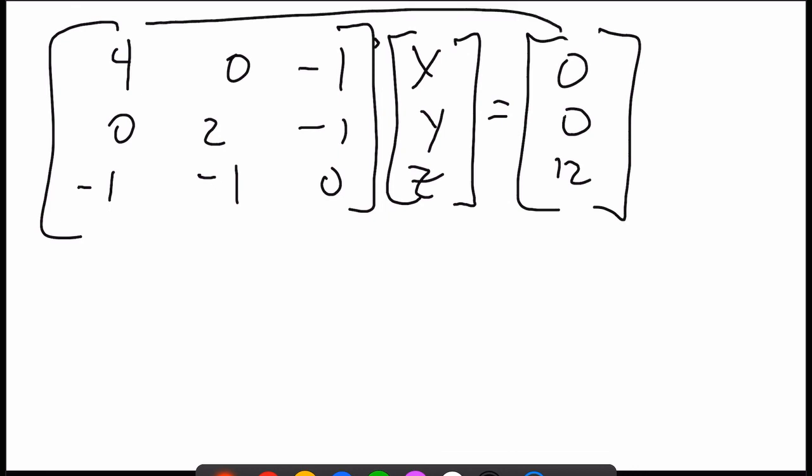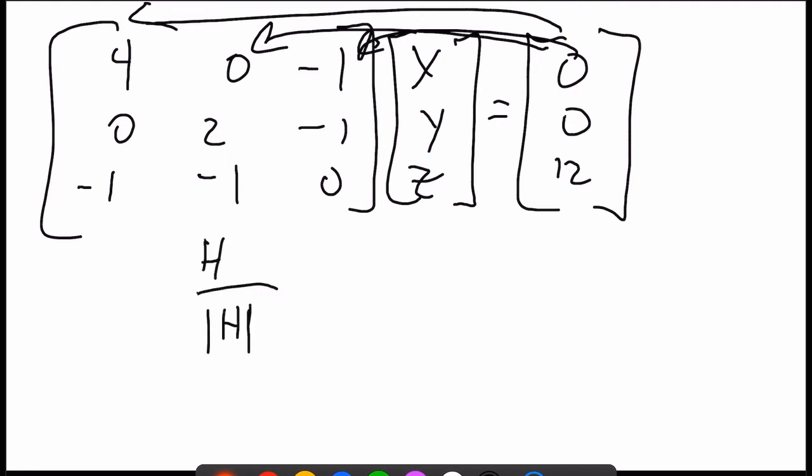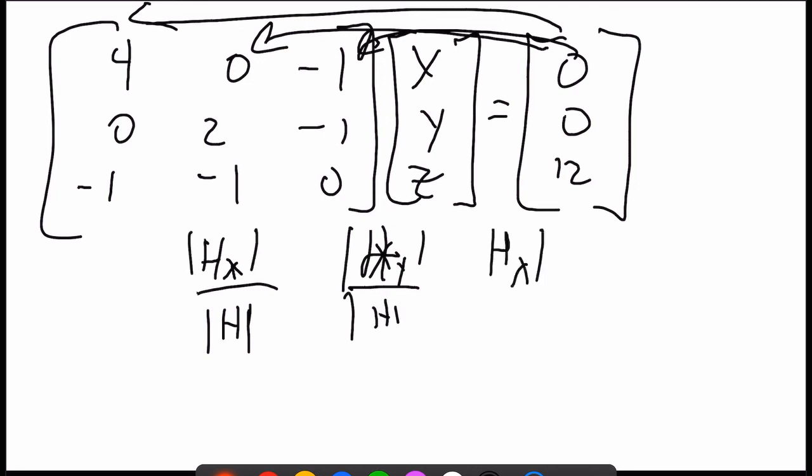Put this into there, that into there, that into there, right? Each one of those divided by that, right? Hx, hy over h, and h lambda over h. Okay? And we get the 4 and the 6 in there.